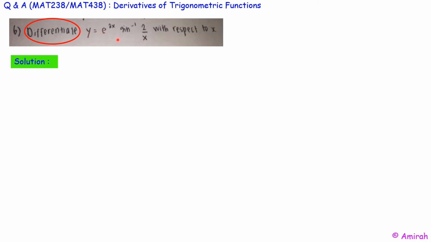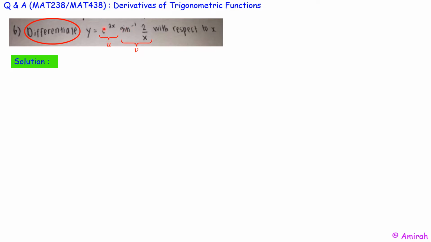In this case, e to the power of 2x equals u, and inverse sine 2 over x equals v. The 2 over x here is inside the inverse sine; it comes together with inverse sine, right?